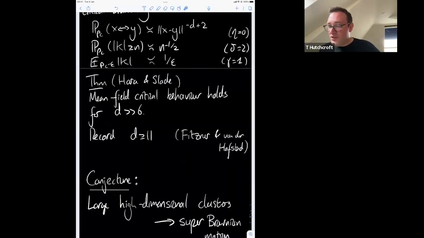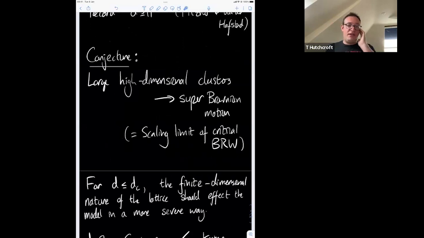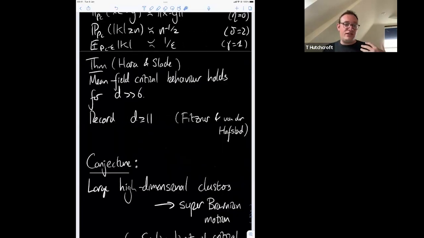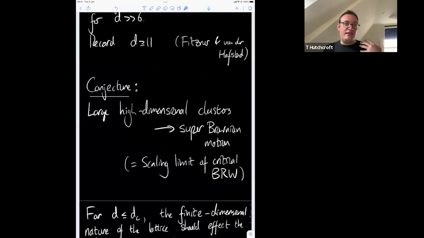One thing I'd like to mention about this high dimensional picture: although we understand things at the level of exponents very well, it's still open to understand things at the level of scaling limits.